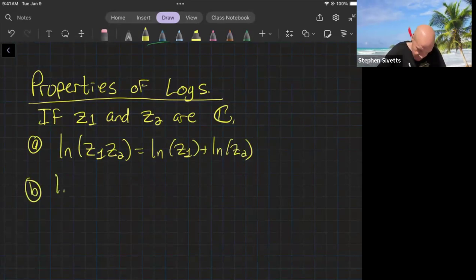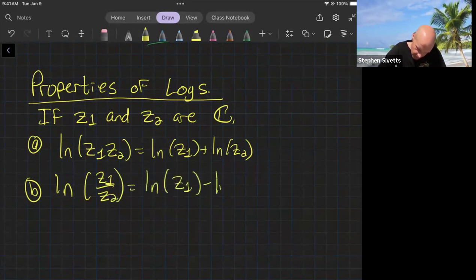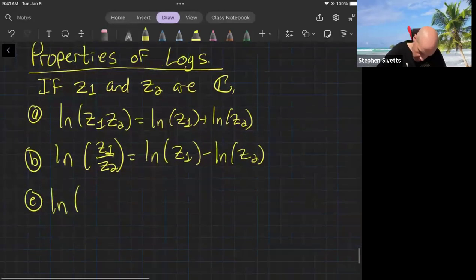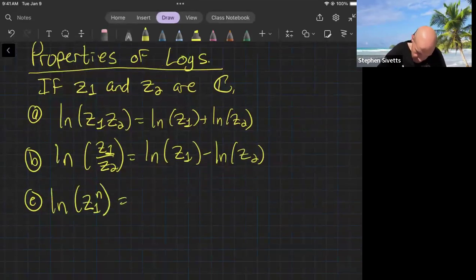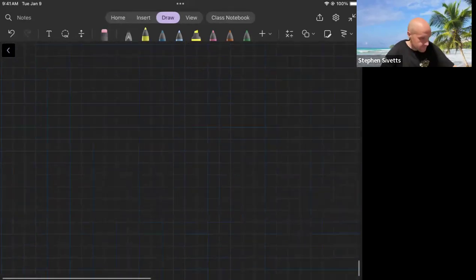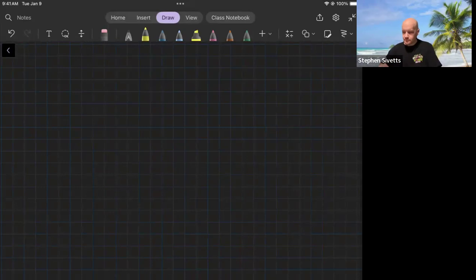This is relatively easy to show, right? Likewise, ln of z1 over z2 is ln of z1 minus ln of z2. And for powers of a complex number, ln of z1 to the n is n times natural log of z1. Okay, these are pretty easy to show, right? And now we're going to talk about the principal value of the complex logarithm.